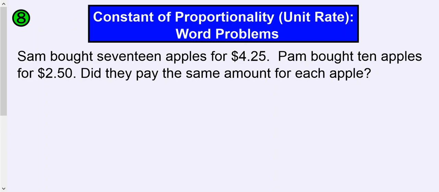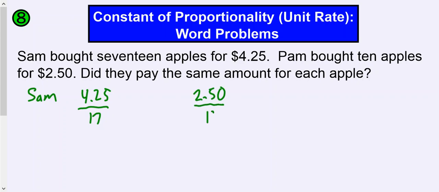The first thing we're going to do is divide the total amount paid by the number of apples. So for Sam it's $4.25 divided by 17 apples, and Pam will be $2.50 divided by 10 apples.